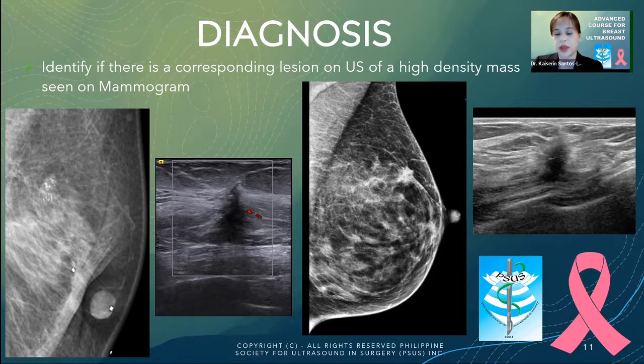When we look at the mammogram and we see a suspicious high-density lesion, biopsy is definitely easier if the lesion on mammogram corresponds to a lesion on ultrasound. Therefore, ultrasound-guided core needle biopsy can be done for diagnosis if this mammogram lesion actually corresponds to anything on ultrasound.